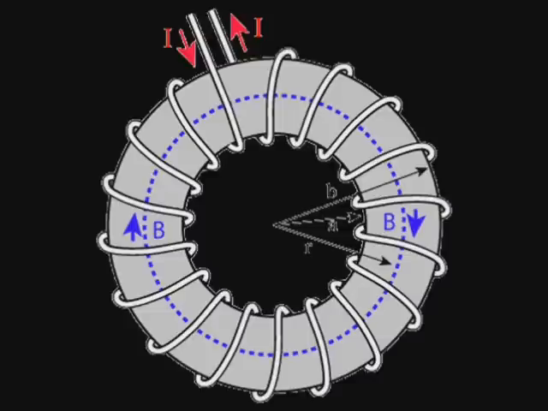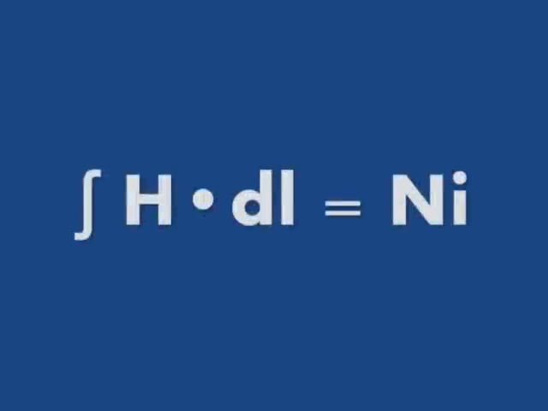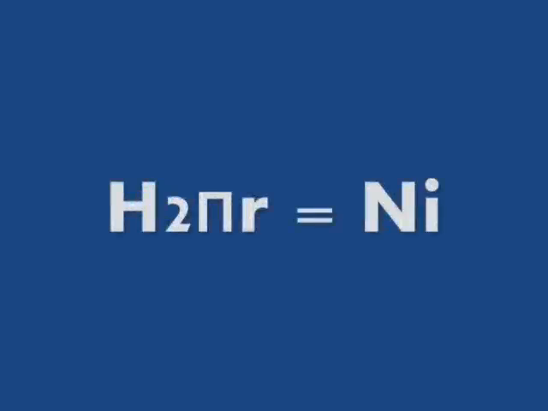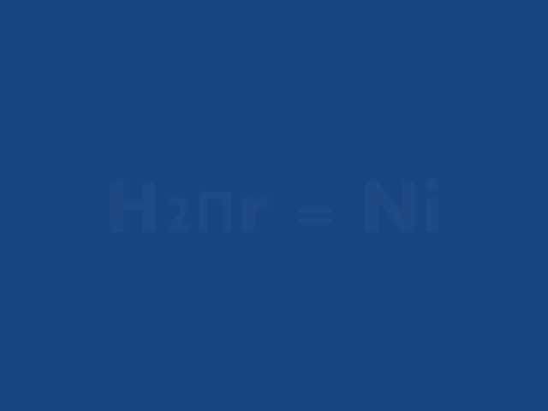According to the path of the toroid in radius, the magnetic intensity of this path is shown here according to Ampere's circuital law. Closed integral H dot dl equals Ni, so HL equals Ni, and H 2 pi r equals Ni. 2 pi r is the circumference of the toroid.